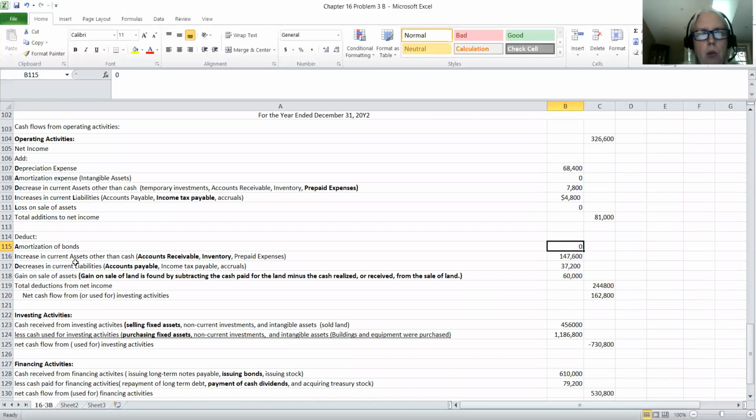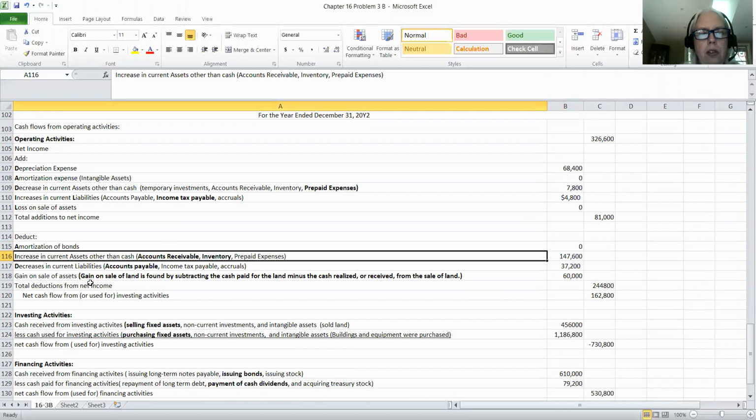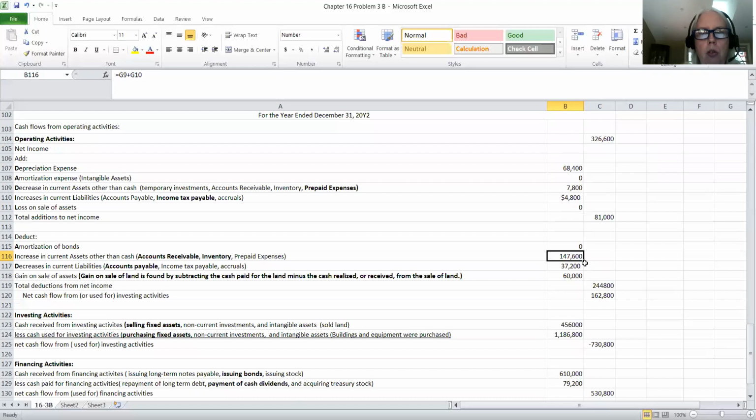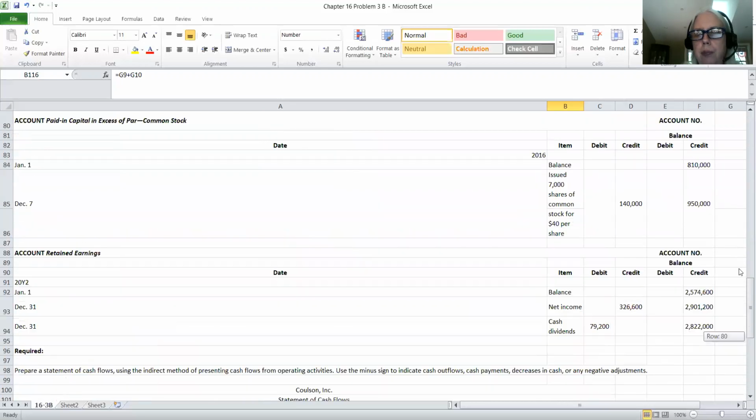On the next line, we're going to look to see if there is an increase in our current assets other than our cash account. And in this case, you can see I've recorded 147,600. This actually consists of 2 separate accounts. We had an increase in our accounts receivable, and we also had an increase in our inventory.